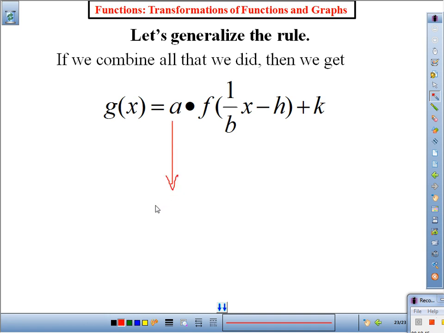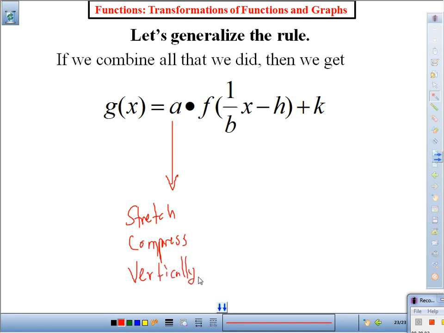A. It does what? Stretch or compress. In which direction? Vertically. That is correct.